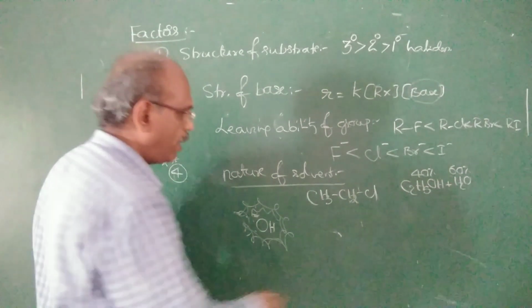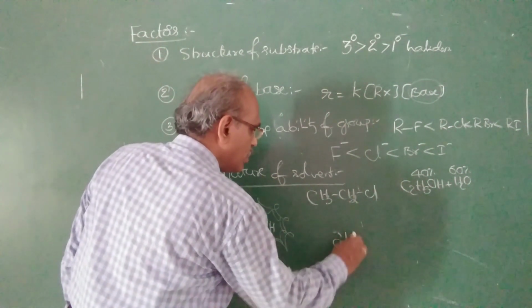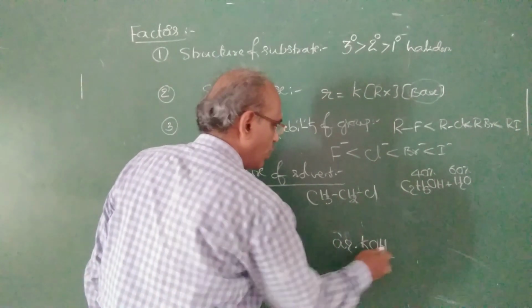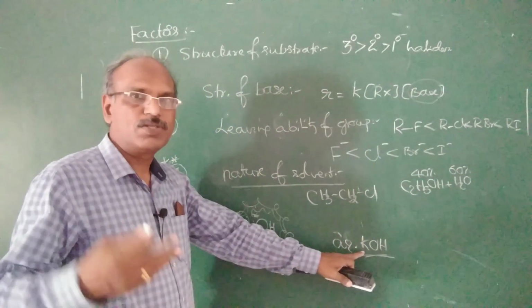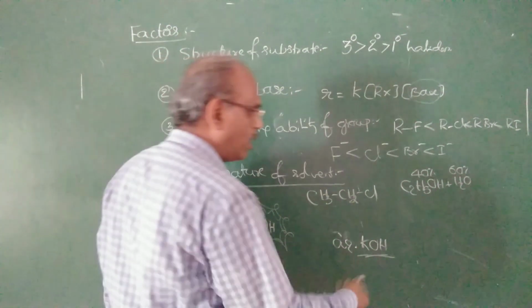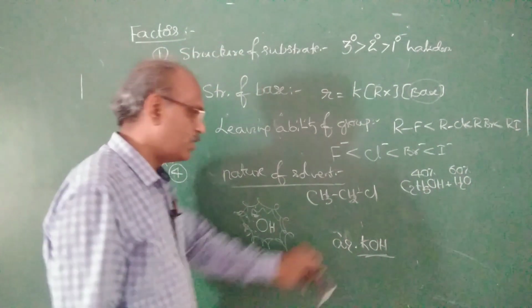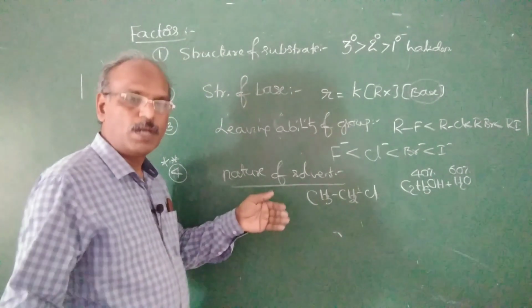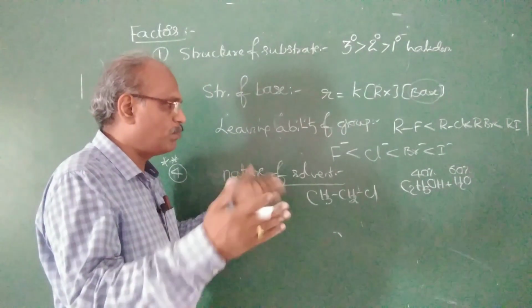That's why in aqueous KOH, OH minus mainly acts as a nucleophile. Alcoholic KOH acts as a base, because it cannot disperse the charge much.